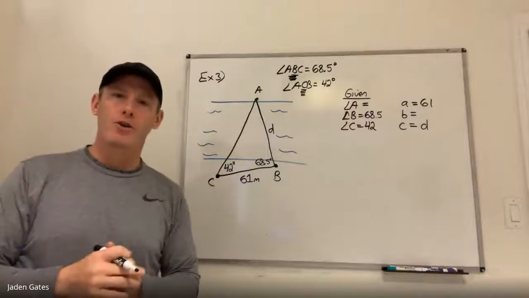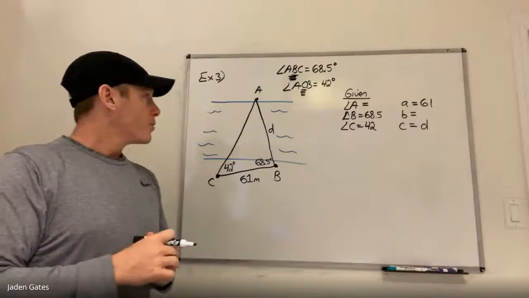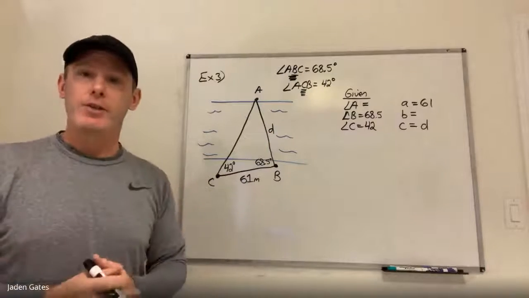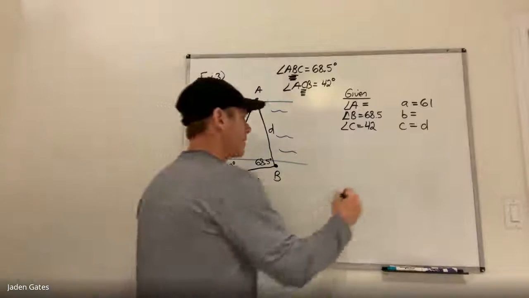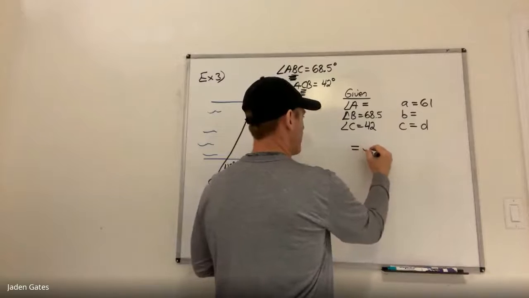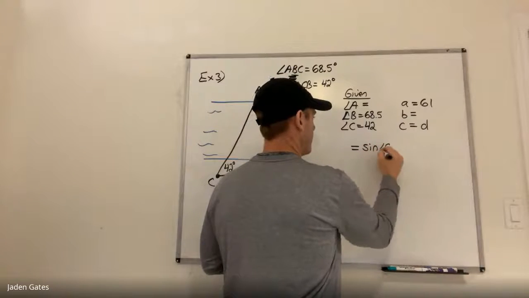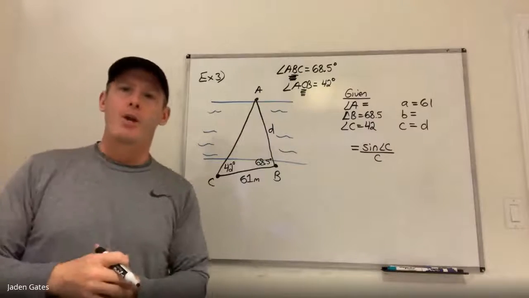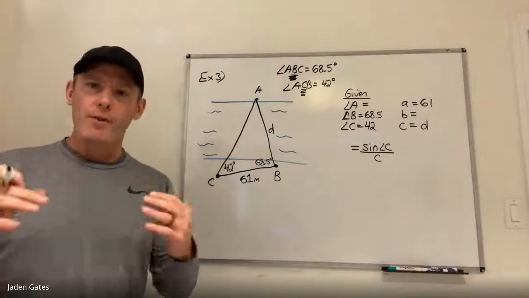Now, which parts are we using here? I need side C because that's actually our distance. So I have to use the C part. That's happened every time here so far, but now I get to the other part. Which other part do I know everything?